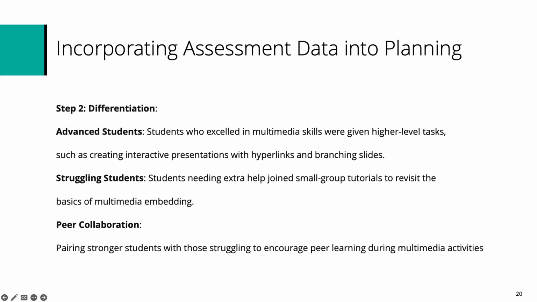What I found was, joining small group tutorials to visit some of the basics around multimedia embedding is important. And then this is where peer collaboration comes in, pairing stronger students with struggling students. Now, I want to make a note here that throughout the learning process, my experience has always been that even struggling students at some point will be stronger students in other areas, and you can flip them around.